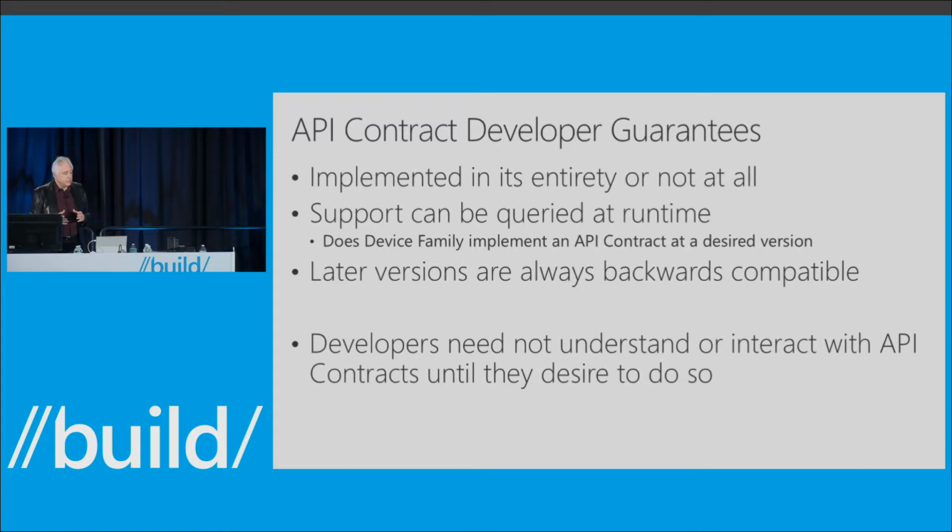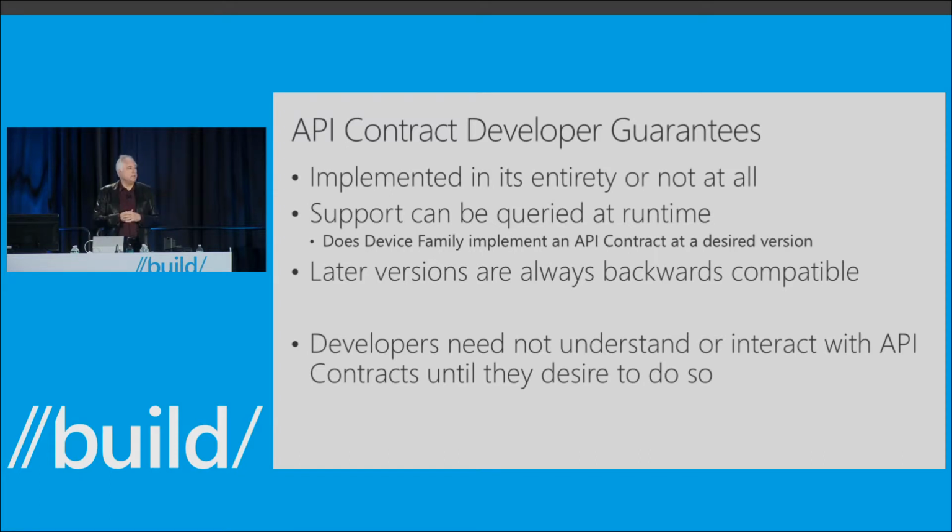Now, the nice thing is, generally speaking, you don't have to worry about API contracts. As I said, 96.2% of all the APIs called by the top 1,000 store apps are universal. You don't have to ask if they're there, you can just use them. Now, if you need those extra ones, a lot of times is type present is good enough. I really just want to call this method on this type. I can ask if it's present.